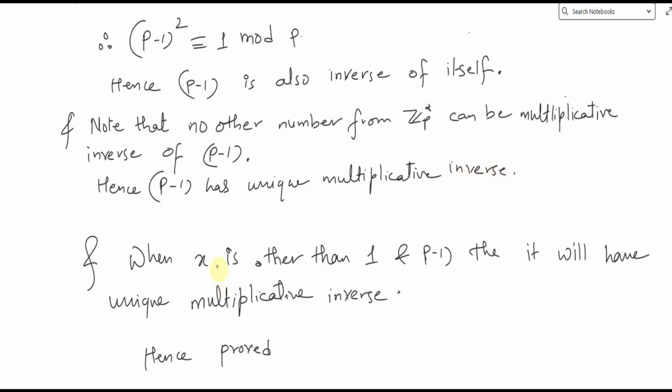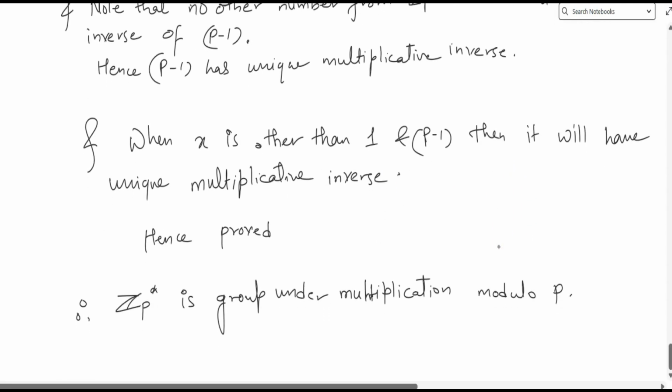And similarly, when x is other than 1 and p minus 1, it will have a unique multiplicative inverse, which we can prove. Hence Zp star is a group under multiplication modulo p.